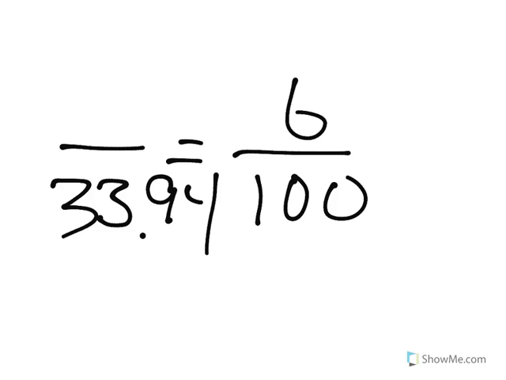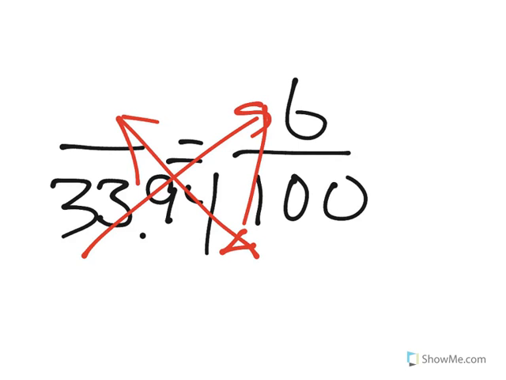This is what it would look like. So when I do this, again, I'm going to cross multiply, divide, and that should give me my answer, which is the part. So $33.94 is my whole meal. Multiply that by the 6, which is my part of the percent. When I divide it by 100, I'm going to get an answer that looks like this.